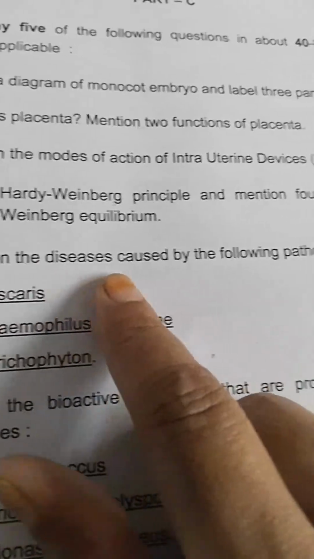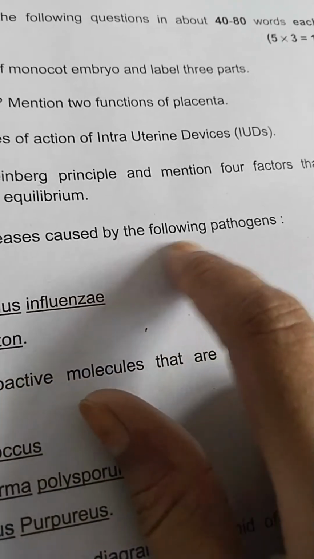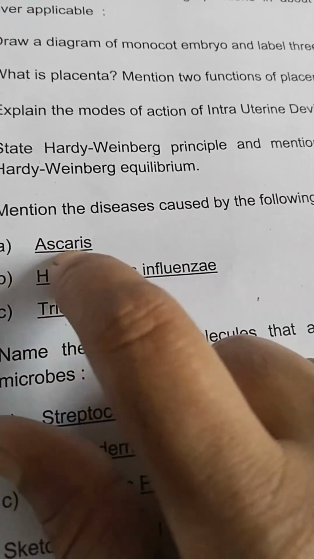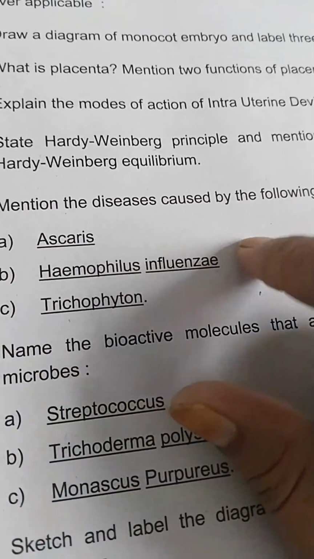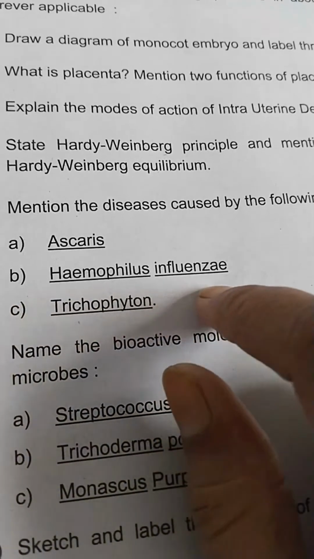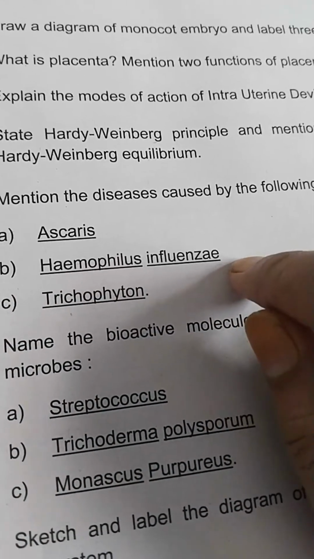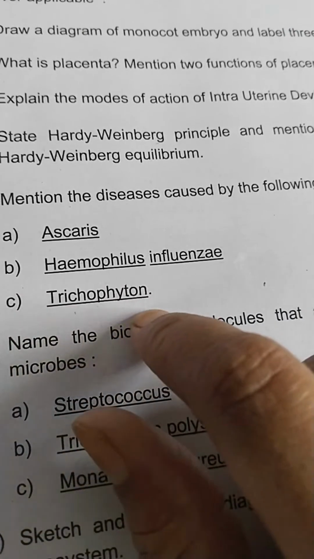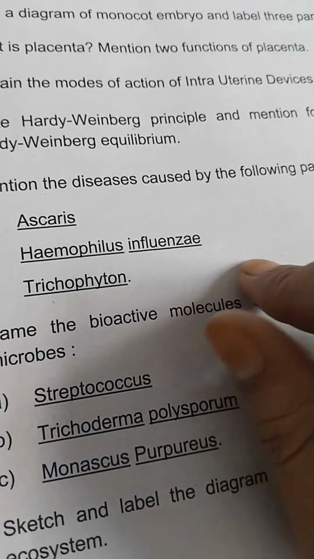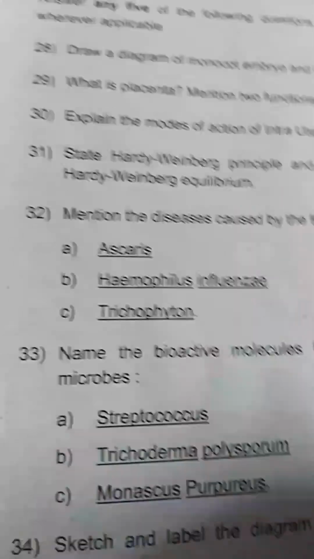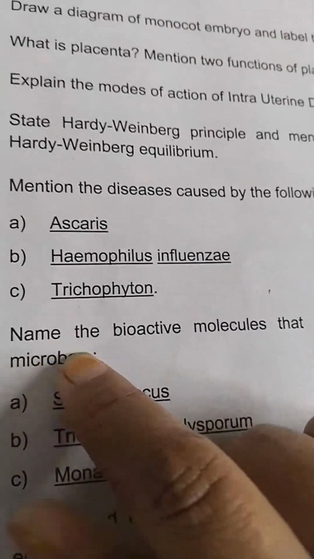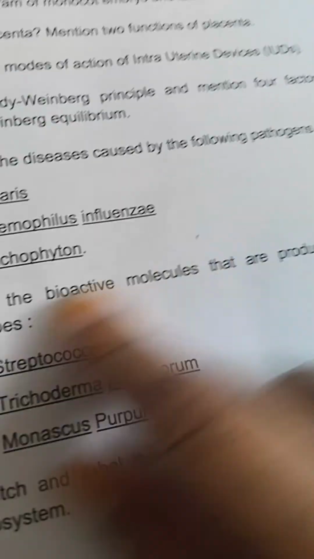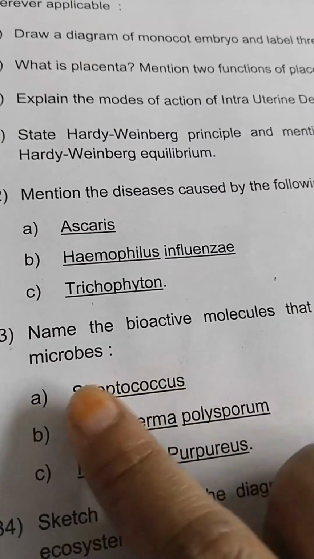After that, mention the diseases caused by the following pathogens. Ascaris is going to cause ascariasis. Haemophilus influenzae is going to cause the disease pneumonia, and Trichophyton rubrum is going to cause a fungal infection. So these are the diseases. Next question: name the bioactive molecules that are produced by the following microbes.